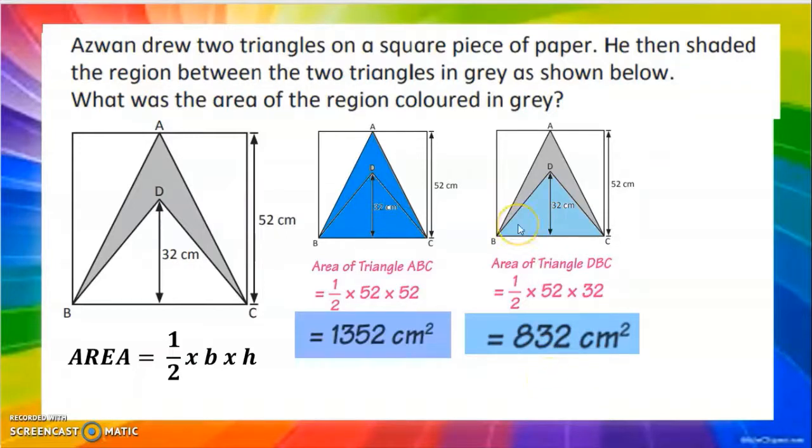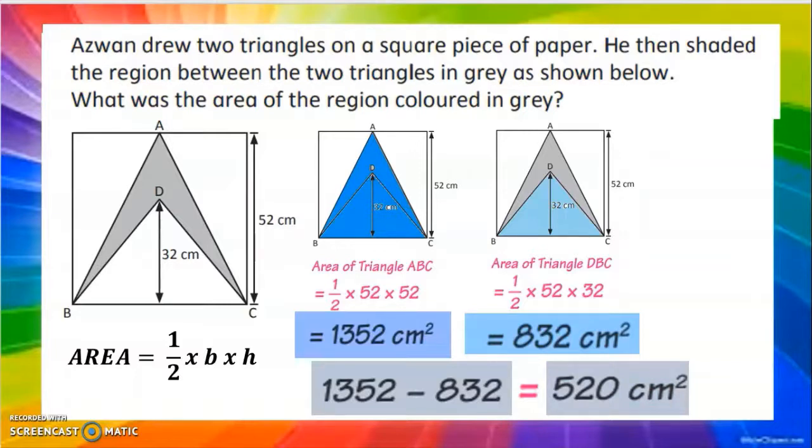So to find the area of the shaded region, the gray shaded, we're going to take the difference. So we're going to minus the areas. It is equal to 520 square centimeters. So the area of the shaded region is 520 square centimeters.